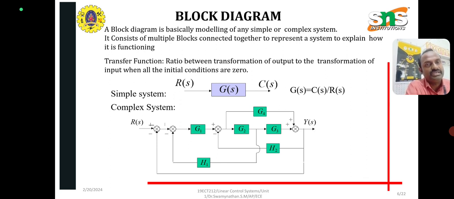It consists of many blocks connected together to represent the system and explain how it is functioning. Transfer function means output divided by input, and the condition is that the initial conditions are 0. For a simple system, R(S) is the input, C(S) is the output, so G(S) equals output divided by input. A complex system means there are many G and H blocks included.